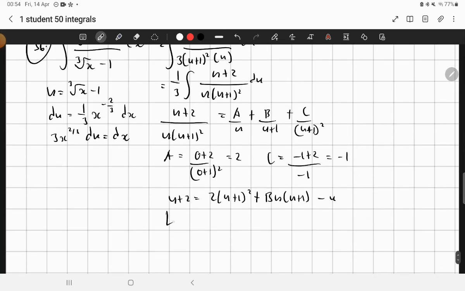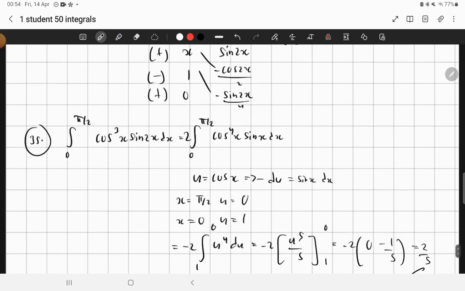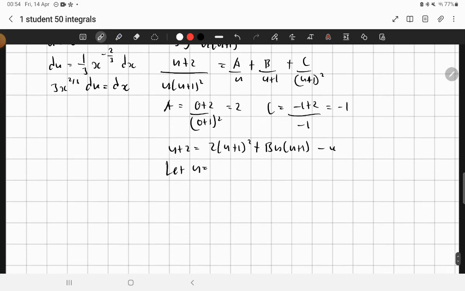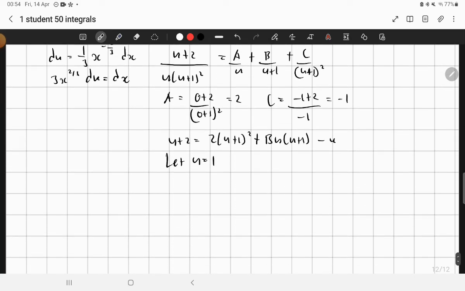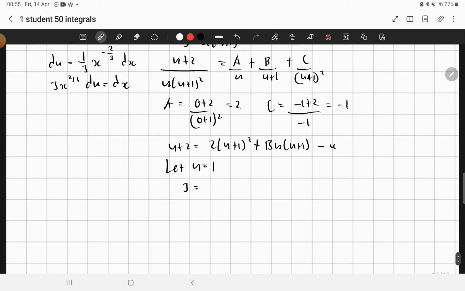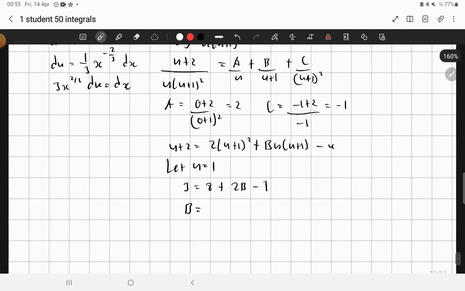So let u be equal to, I think the best one is 1. So 3 is equal to 8 plus 2B minus 1, so 7, negative 4, B is negative 2. So what does this mean?